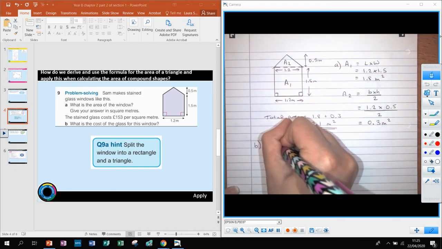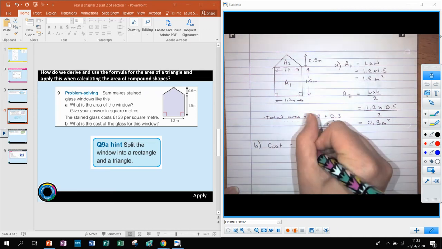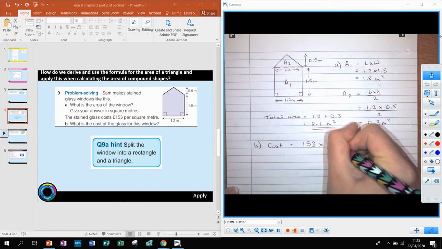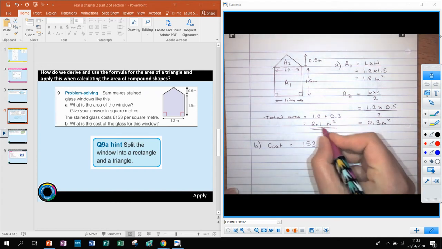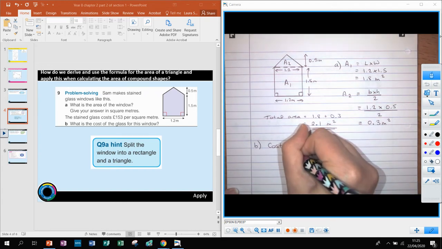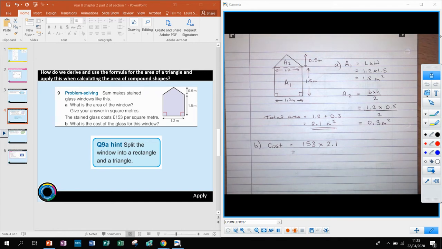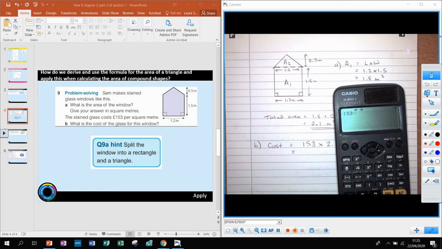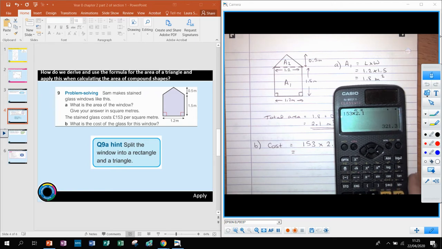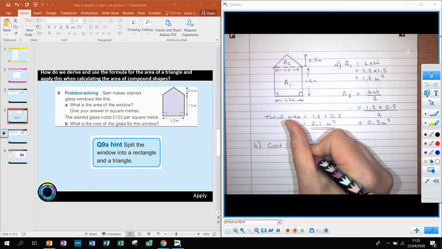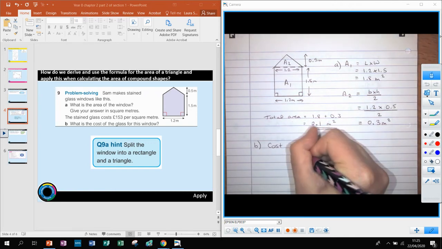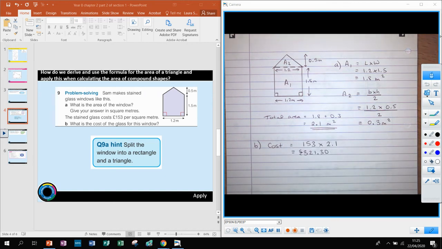So we know that the cost overall will be 153 times 2.1, because that's how many square meters we have, and we're allowed our calculator, so let's do that. 153 times 2.1 is equal to 321.3. However, this is money, so we're going to say 0.30 and put our pound sign.